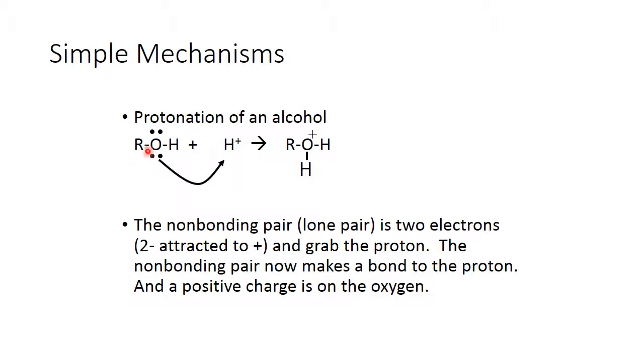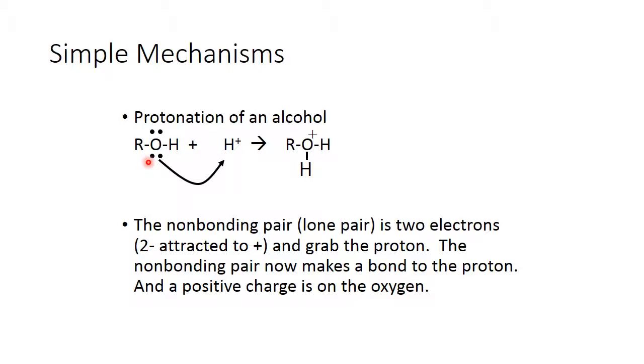Okay, now we're going to look at the protonation of an alcohol. Now it's the formation of a bond. So what happens in this reaction? These electrons reach out and grab the proton. Notice that forms a bond right here, because the oxygen is now having its electrons leave it, it gets a positive charge.